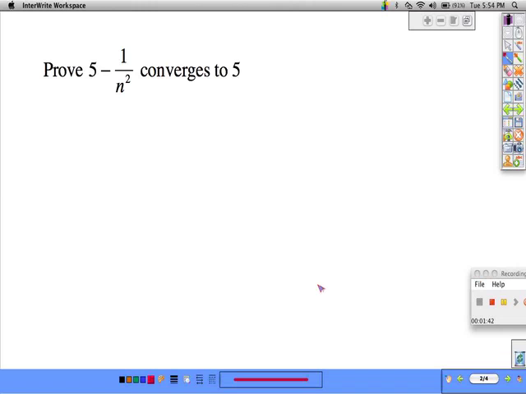So we're going to prove that 5 minus 1 over n squared converges to 5. So we want the difference of 5 minus 1 over n squared and 5 to be less than epsilon. This is our sequence rule, less than epsilon.